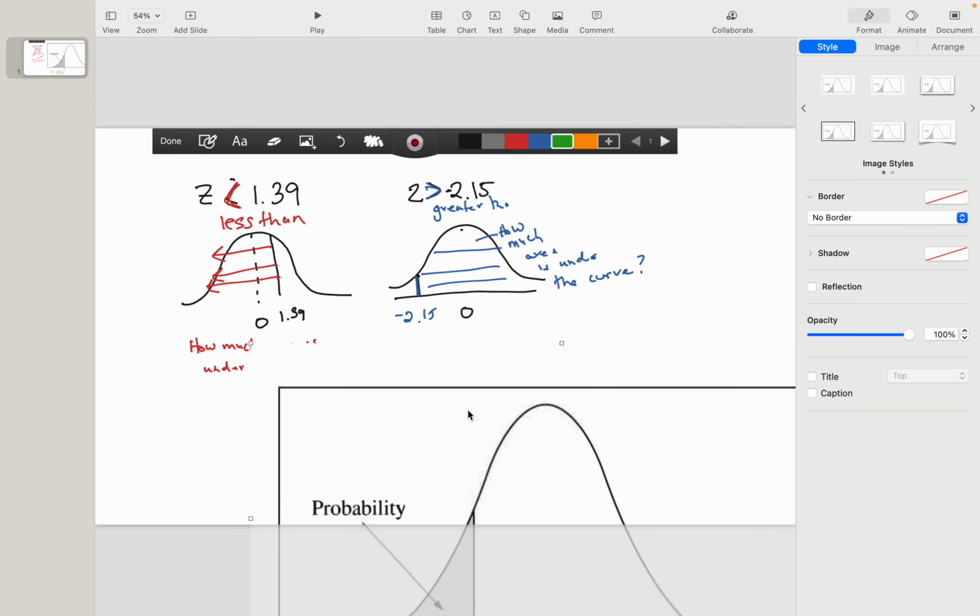When we're given this information, well, the table's telling us over here, we need to find over here, so we need to remember that the total area under this curve is always 1. The curve is representing 100%, and so if we're given this amount, 1 minus this amount is going to be this side.